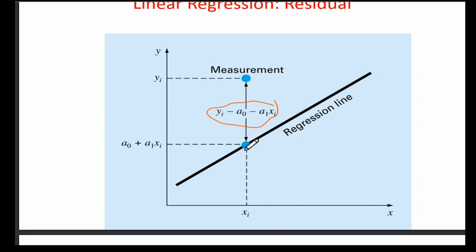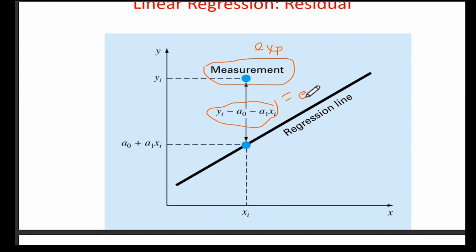This is the difference between the measurement point, which you get from your experiment, and the point given by your model. The difference between yi and a0 plus a1xi, given by your regression line, is equal to e.